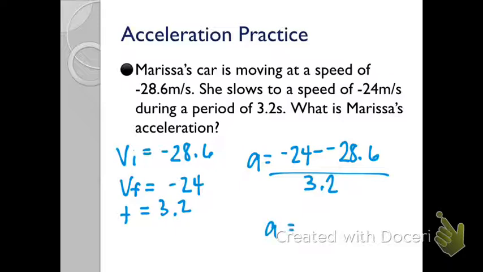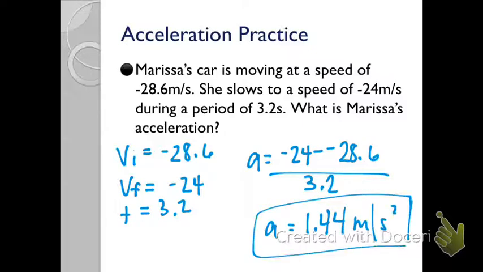And my acceleration should come out positive, right? We're slowing down in the negative direction. I had it at about 1.44 meters per second squared. Is that what you guys said?